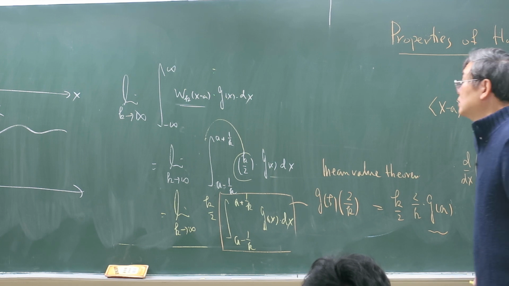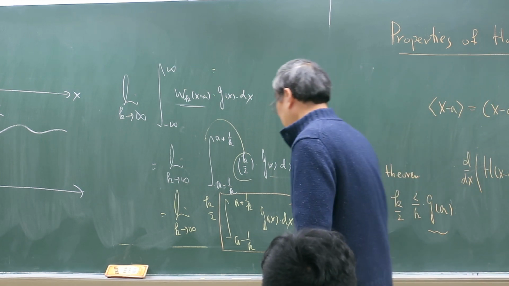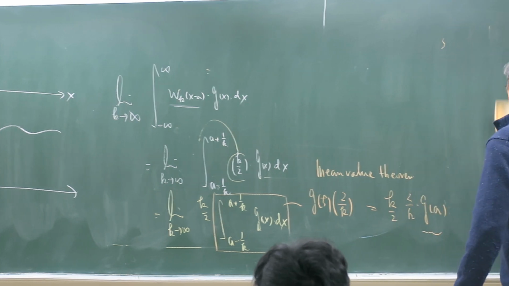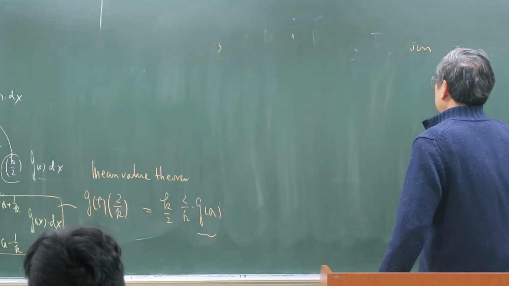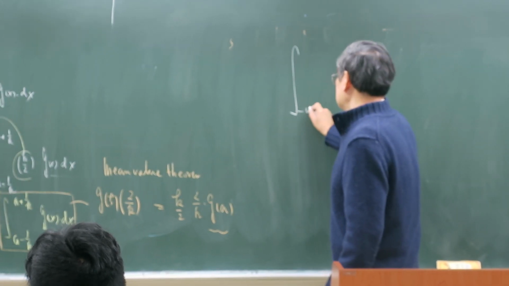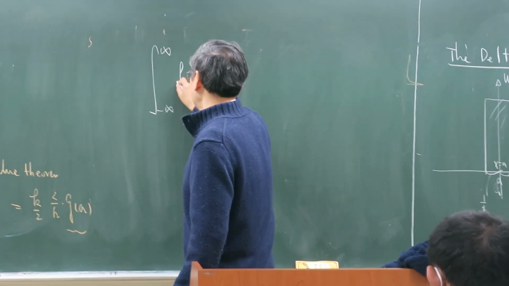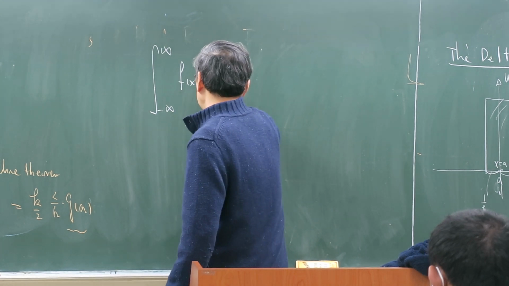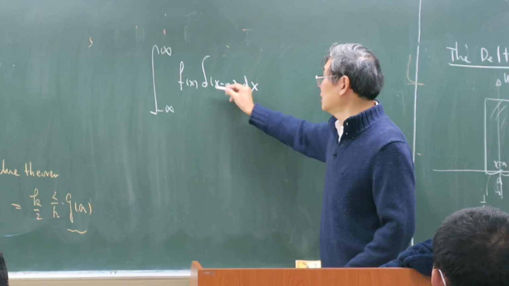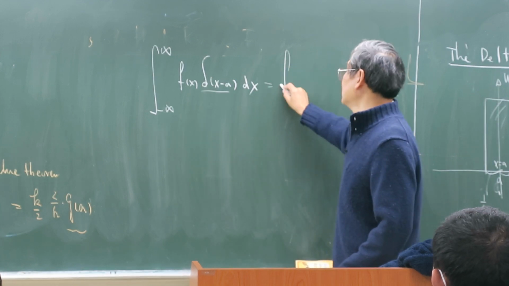So this is a very important formula we got. In the future, sometimes you will be doing this integration from minus infinity to infinity of f(x) times delta(x minus a) dx. Okay, this is equal to f at a.